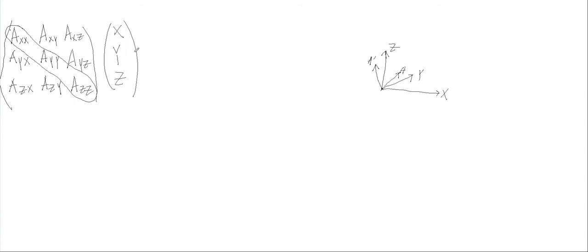So these are just scaling x, y, and z in their direction. So if everything else was 0 and we had numbers in this diagonal, then this A would stay oriented in the same direction, but it might grow longer. It might become shorter depending on what numbers we have in these diagonals.